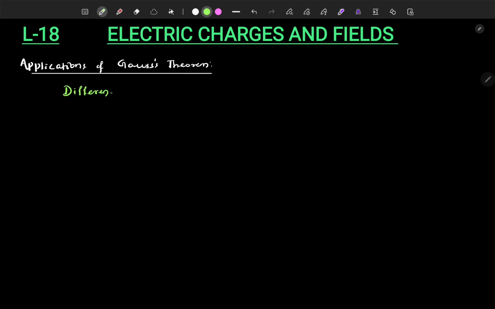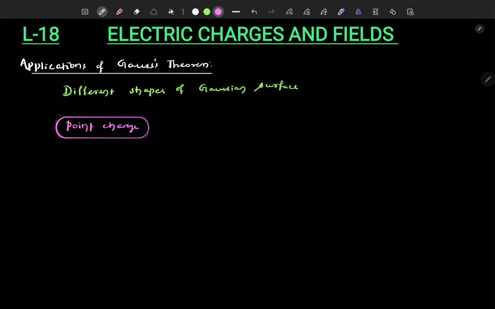Different shapes of Gaussian surface. Suppose for point charge. For point charge, always remember this is your point charge Q, and the nature of Gaussian surfaces are concentric spheres.